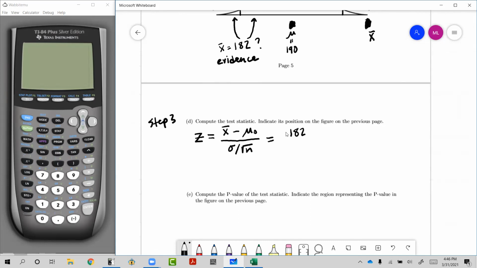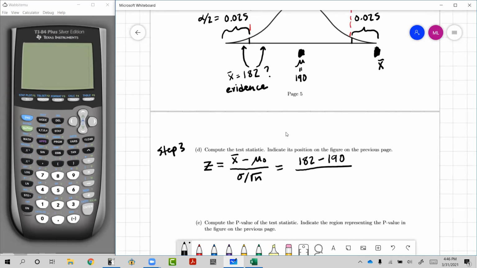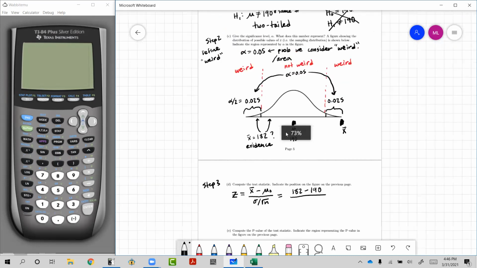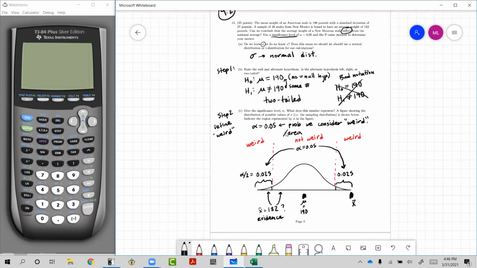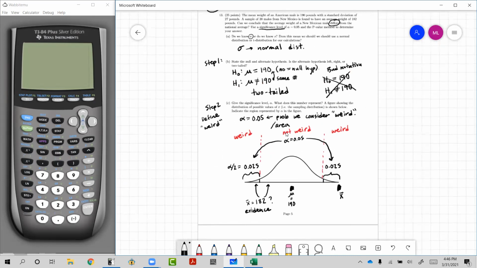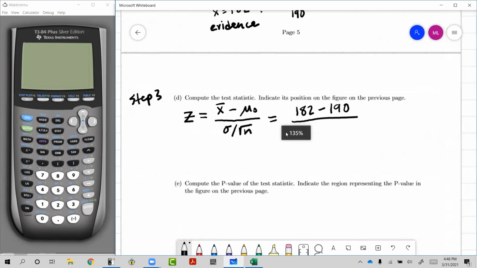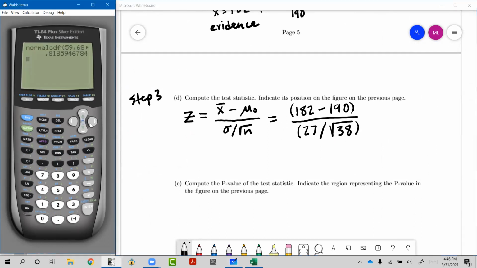We got 182 minus 190, and then we're dividing by sigma over the square root of n. I think it was 27 pounds was the standard deviation. Let me go see. Yeah, 27 pounds, and our sample size was 38. So this is 27 over the square root of 38. And let me just toss some parentheses around this, and we can enter it into our calculator the same way.